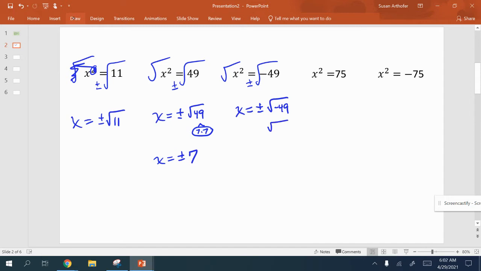I showed you how to break it down into square root of 49 times negative 1. Out comes 7, out comes i. You should just know that every time you have a negative, you have to take out i. So x is equal to plus or minus square root of 49 is 7, and the negative comes out as i. That's your final answer.